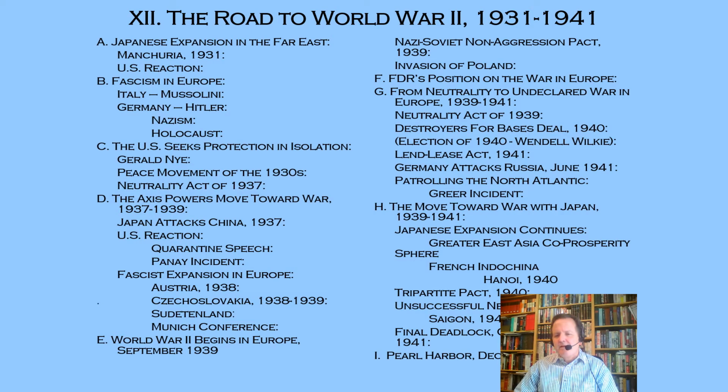So, one of the challenges to the students right now is that we're bouncing around in the 1930s. We just got done with an entire lecture about the Great Depression and the New Deal, which was a 1930s thing.